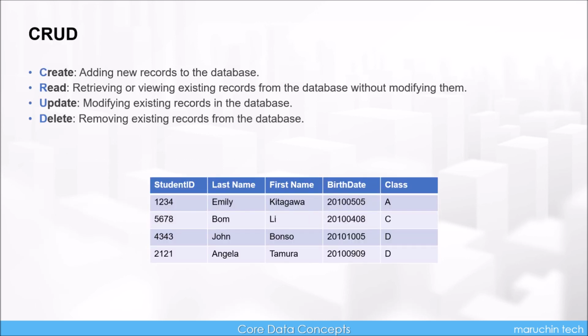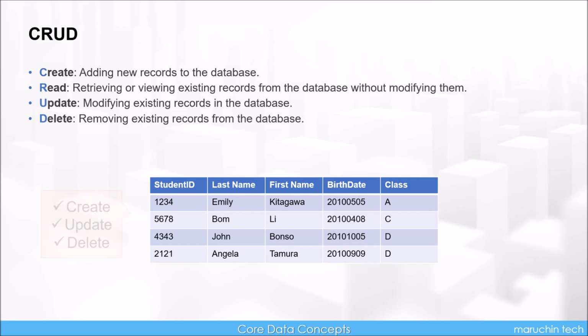A typical database operation includes create, read, update, and delete. These operations are sometimes referred to by the acronym CRUD. The database operations are performed using the language called SQL, which supports the CRUD operations.